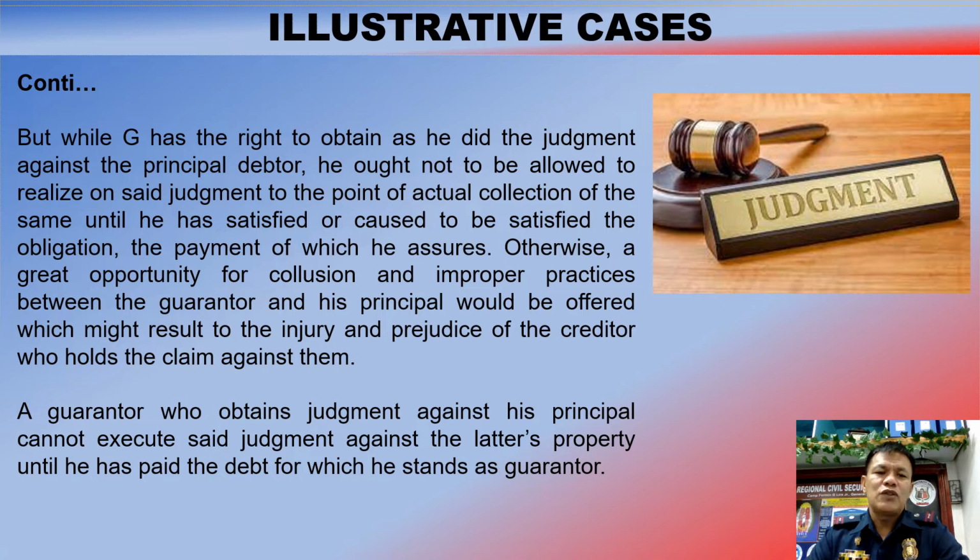Otherwise, a great opportunity for collusion and improper practices between the guarantor and his principal would be offered, which might result to the injury and prejudice of the creditor who holds the claim against them. In short, a guarantor who obtains judgment against his principal cannot execute said judgment against the latter's property until he has paid the debt for which he stands as guarantor.